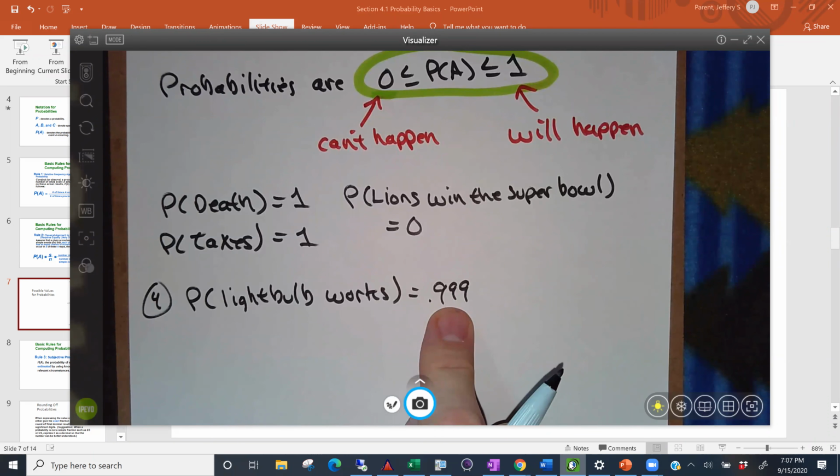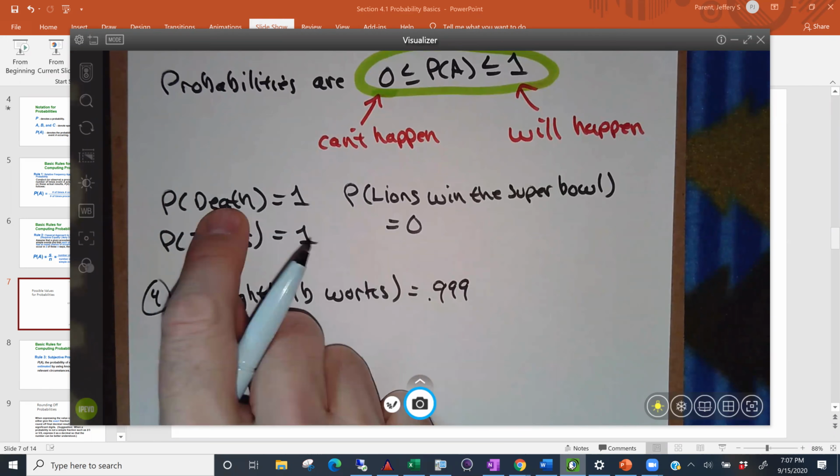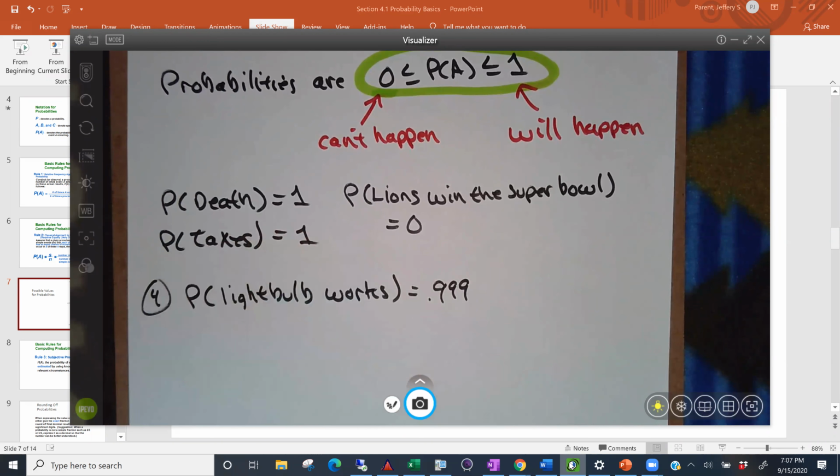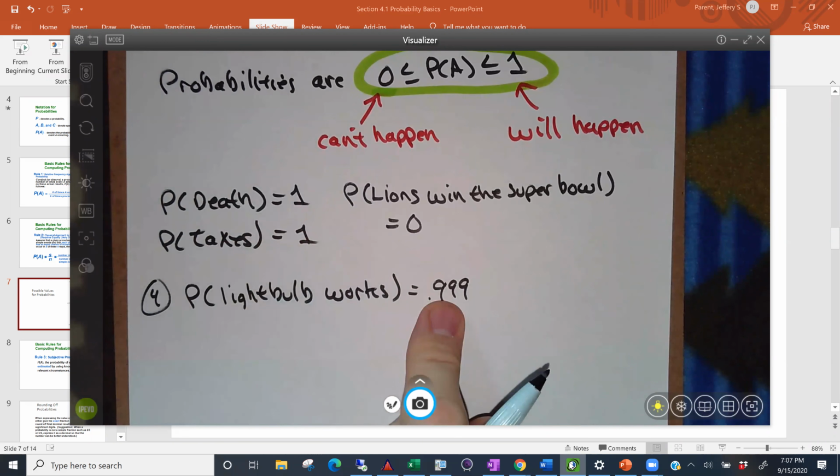Nope. No, because at some point it's going to fail, right? Some point it's subject to the same thing that just about everything is. So yeah, should be close to 1, but not exactly 1. Okay. Questions on that one?